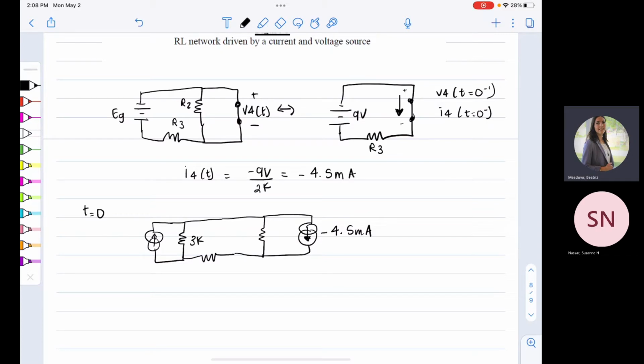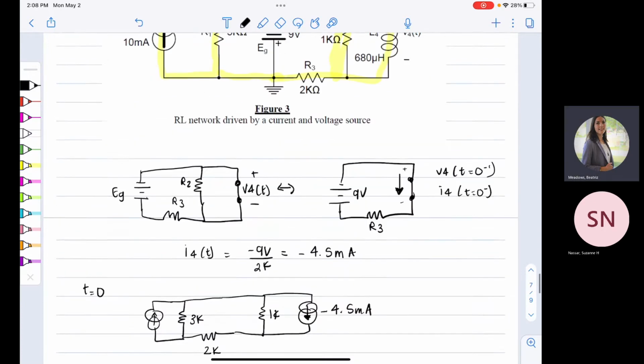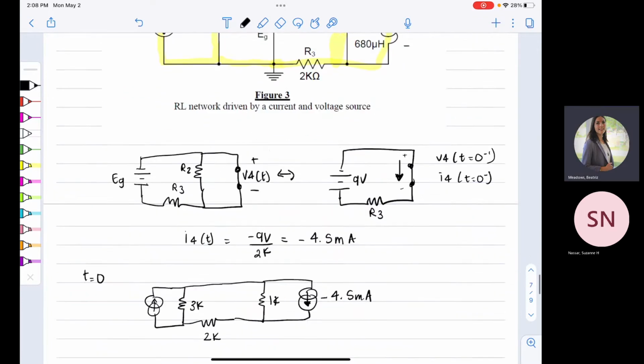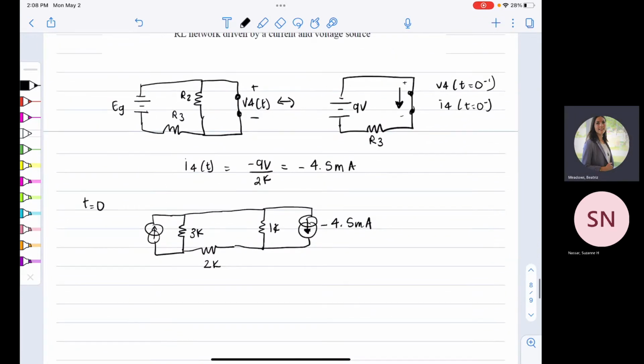This is 3K, 2K, and this is 1K. So now, remember what we're trying to find. We were trying to find the voltage across here, right? And we're also trying to find the current through that, which we obviously know.